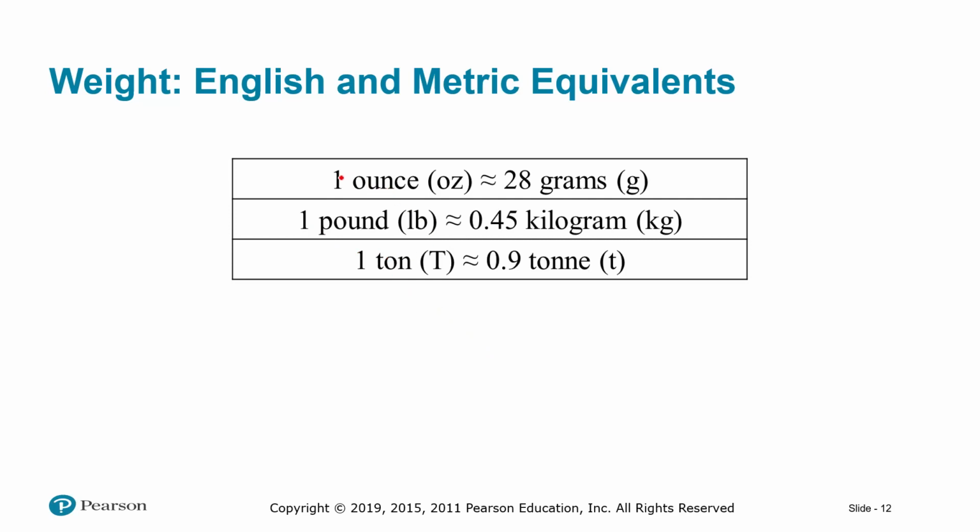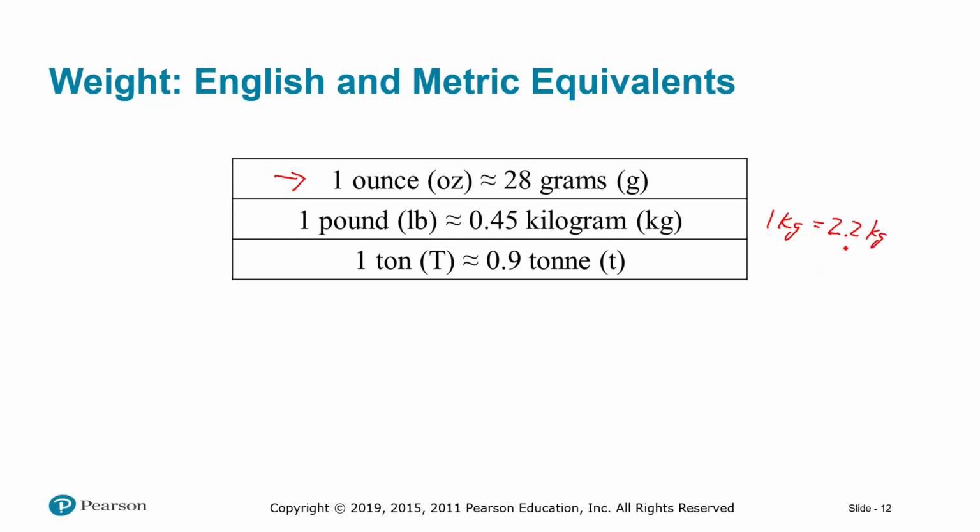And these are approximate, they're not exact, but they're close enough for our purposes. 1 ounce, 28 grams. 1 pound, 0.45 kilograms. And if you reverse that, 1 kilogram, as I mentioned earlier, is about 2.2 pounds.